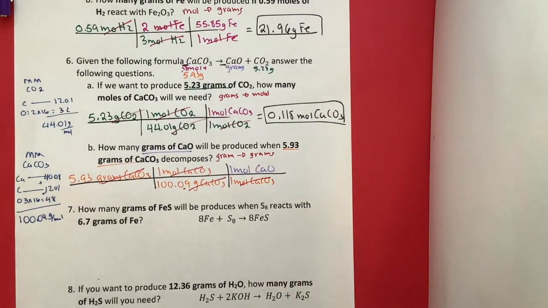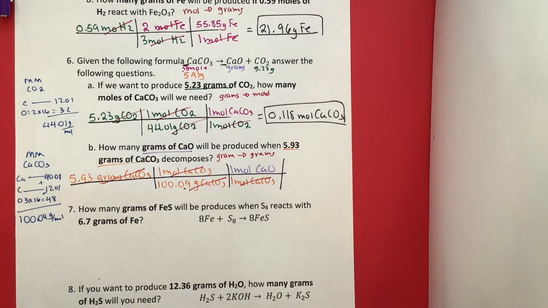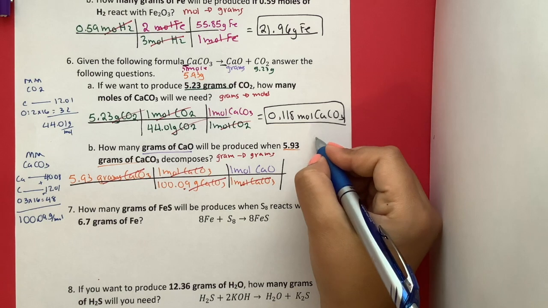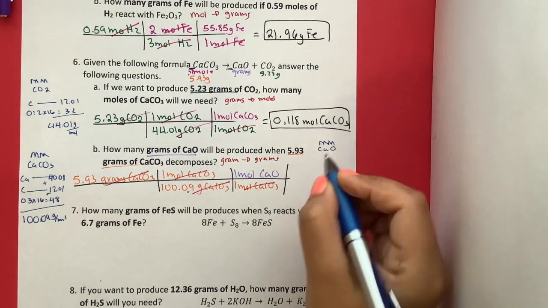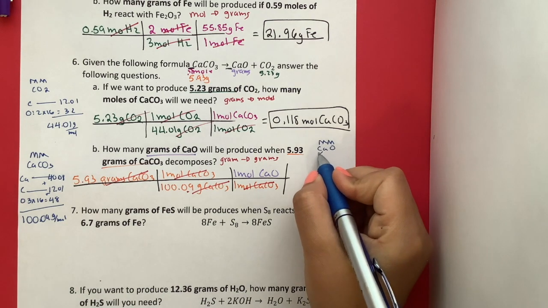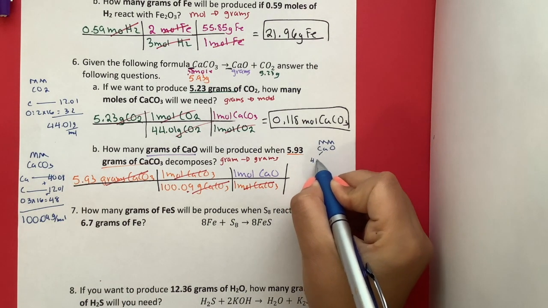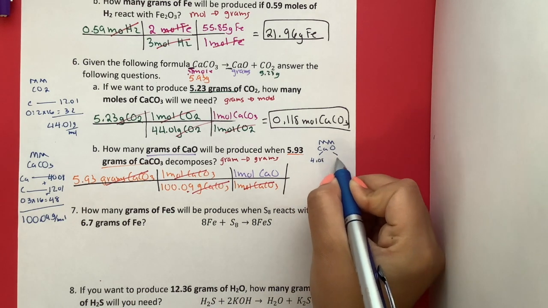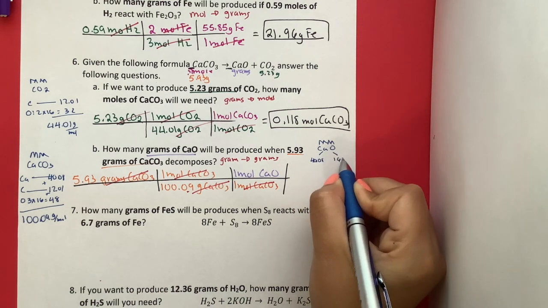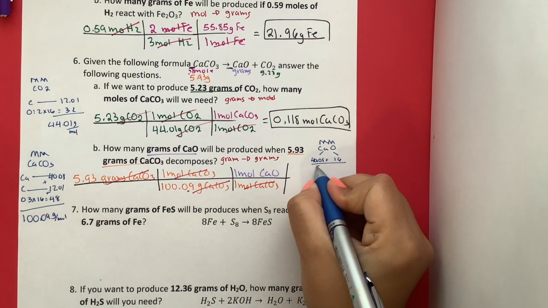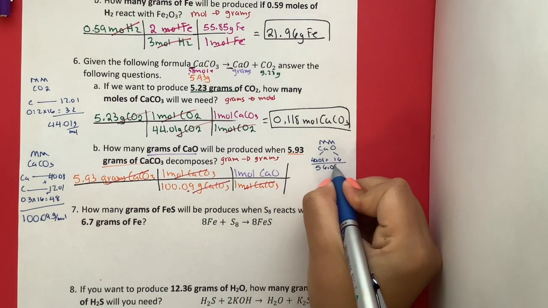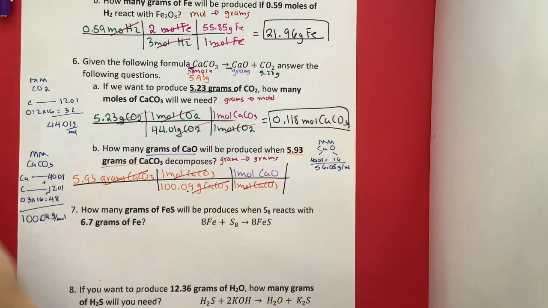So I need to do one more step, in which now I need to find the molar mass of calcium oxide. Okay, so calcium has a mass of 40.08. Oxygen has a mass of 16. I add them, and it gives me a total mass of 56.08 grams per mole.